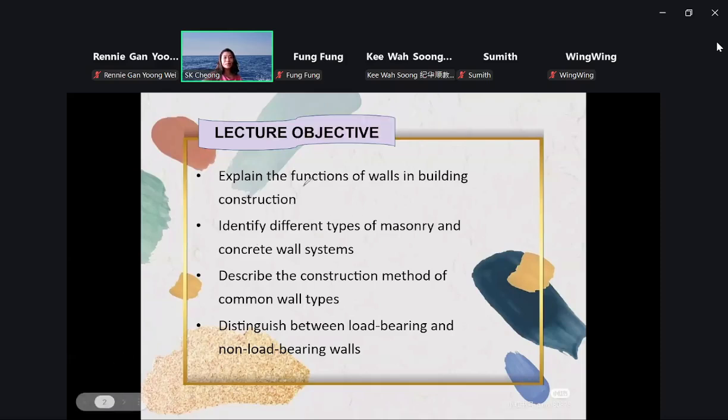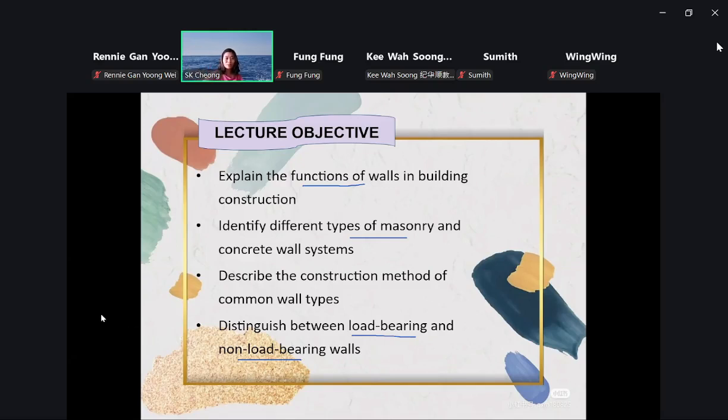What are the functions of the wall? And then you guys also learn about a lot of types of masonry, right? And last but not least, load bearing and non-load bearing. So during your assignment, with the help of AI, you already learned what is a load bearing and non-load bearing.